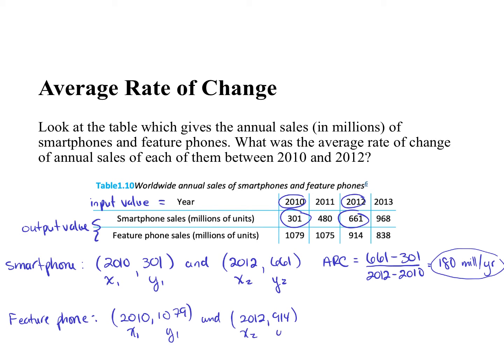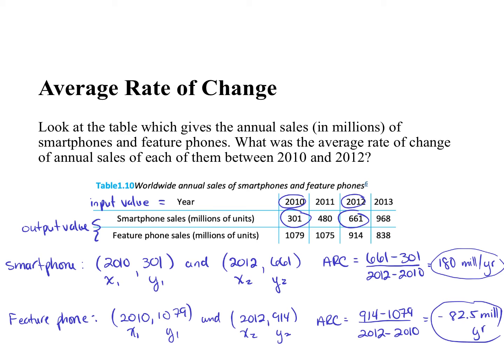So that's x sub 2 and y sub 2. And then now let's calculate the average rate of change using the same formula. So 914 minus 1079. Divide that by 2012 minus 2010. And if we go ahead and simplify this, this gives us negative 82.5 million phones per year.